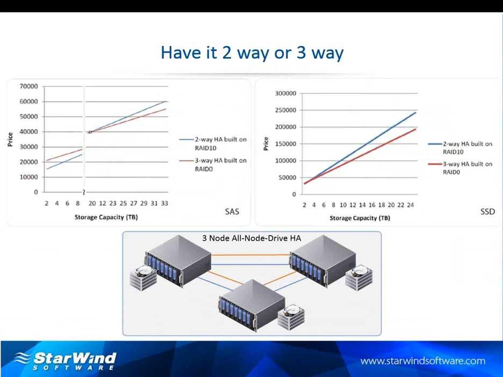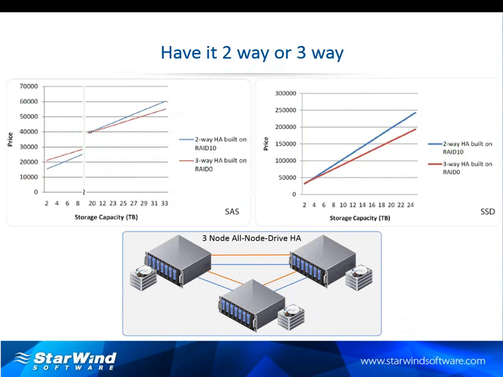The 3-node configurations are quite new to the market, since not everyone wants or requires triplicated data in their environment. However, in some cases where a client already has hardware and only needs to buy additional disks, 3-node HA is an option which can save you money with huge spaces.